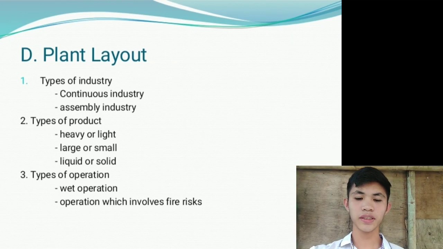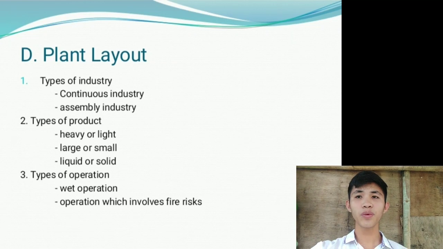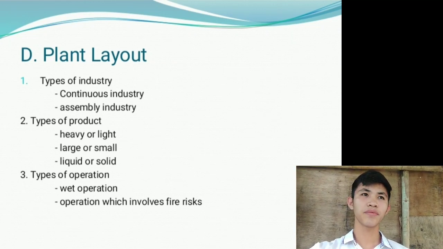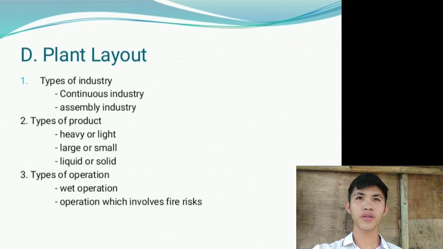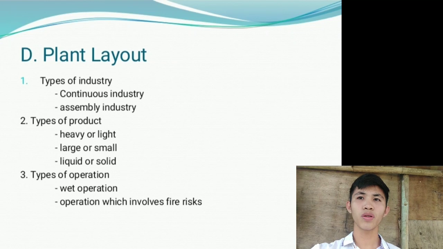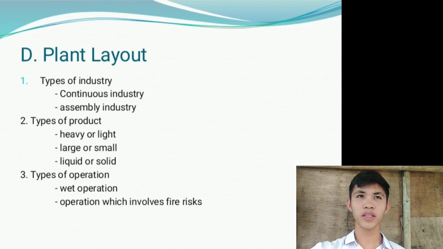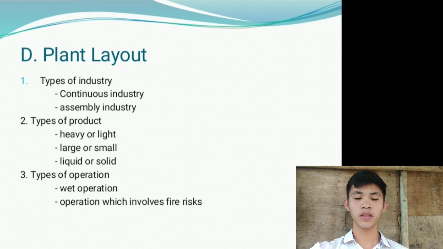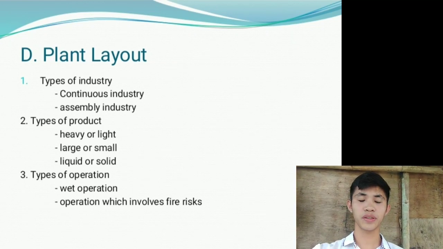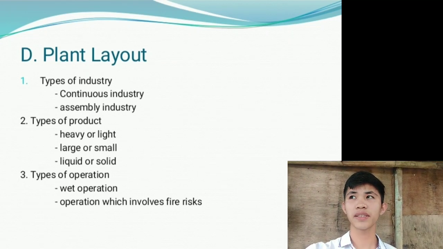The next is the types of operations. So wet operation. When we say wet operations, examples are leather tanning or textile dyeing. So you are going to color the clothes. The coloring is, of course, wet operations because it involves soaking. Next is operation which involves fire risks.